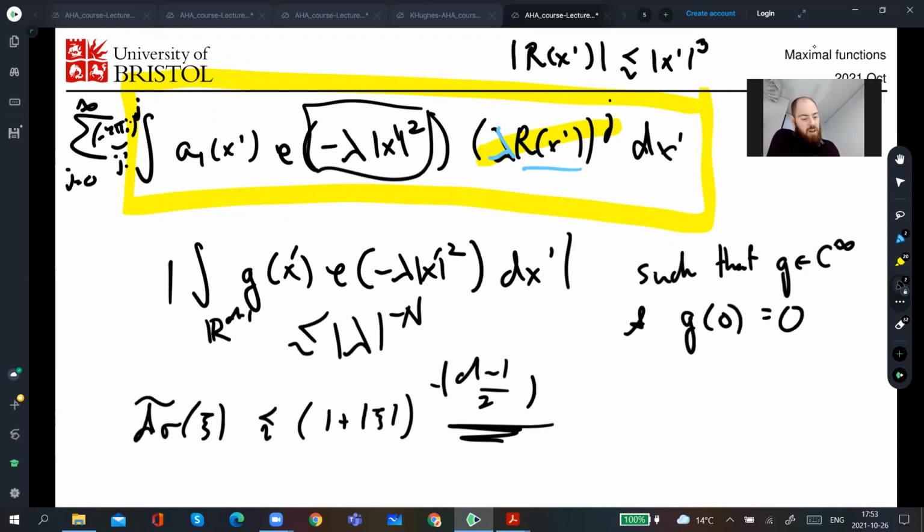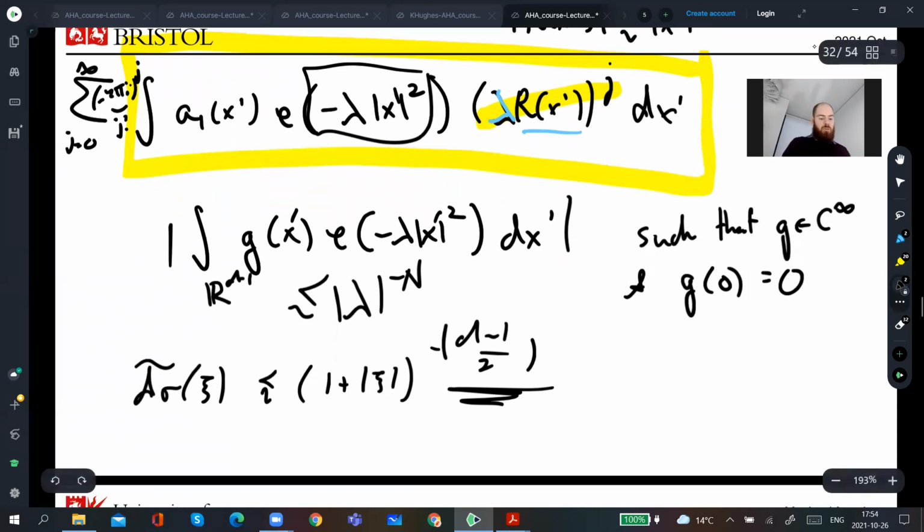It's all very good stuff, and you can be rather explicit about it in odd dimensions. There's a very explicit expression in terms of cosines and just the power of lambda when you look in 3 dimensions, and then there's a not too difficult one in 5 dimensions, and so on. Great.